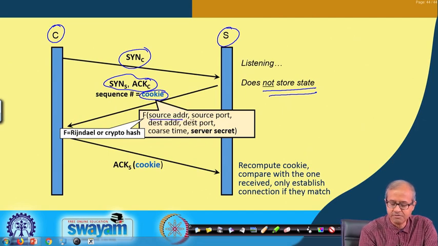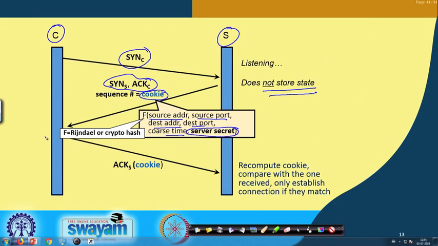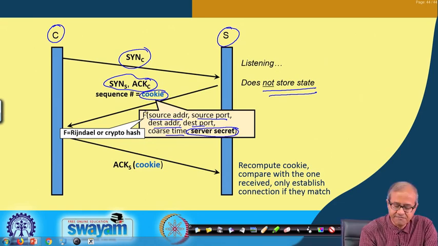It will be a function of the source address, port number, destination number, time, and a server random number. It is like a challenge response the server is sending back to the client. This function f can either be a cryptographic encryption process using AES, or a cryptographic hash function.